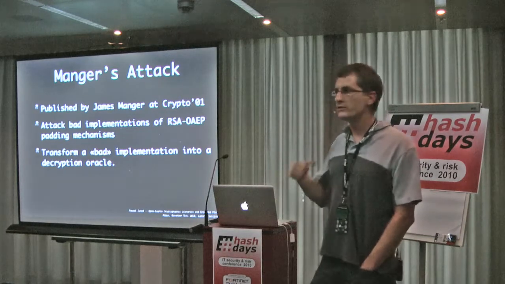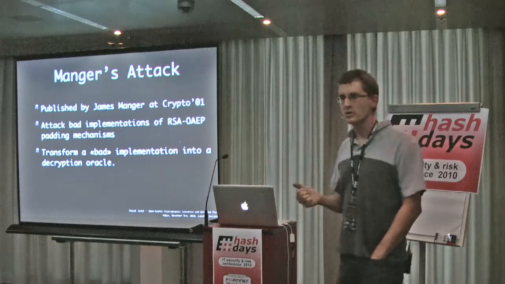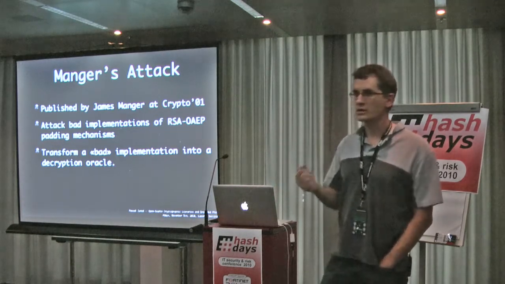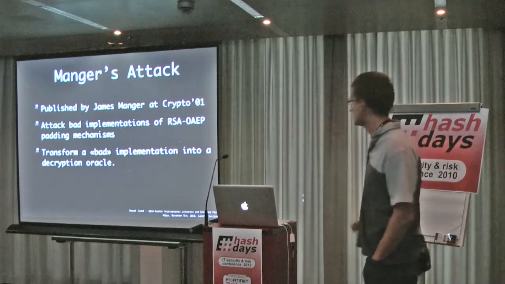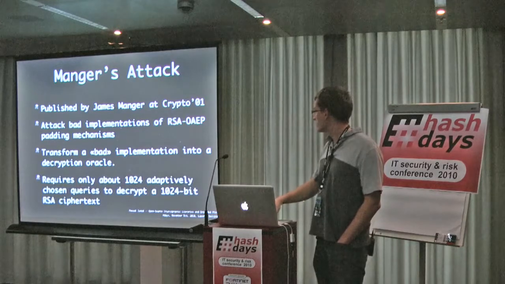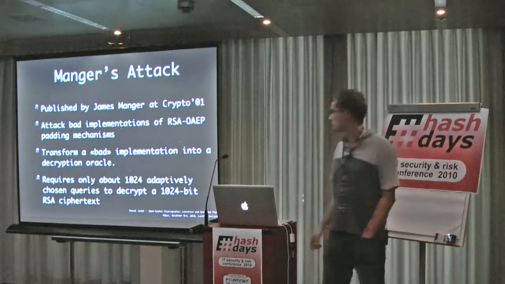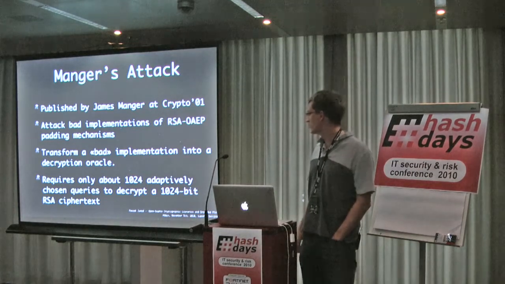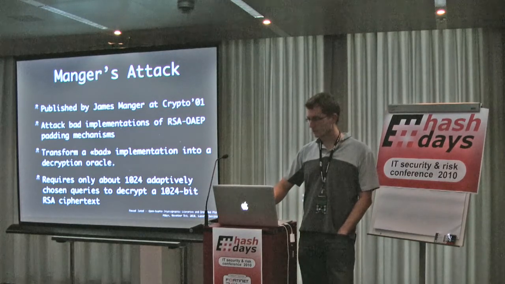And basically, if the ciphertext decrypts properly, then it will return you the plaintext. But you never see this case. You are going to submit special ciphertexts and observe the reaction to errors. So basically, you will just ask about, let's say, 1,000 questions to your oracle to decrypt a 1024-bit RSA ciphertext, which is very, very efficient.